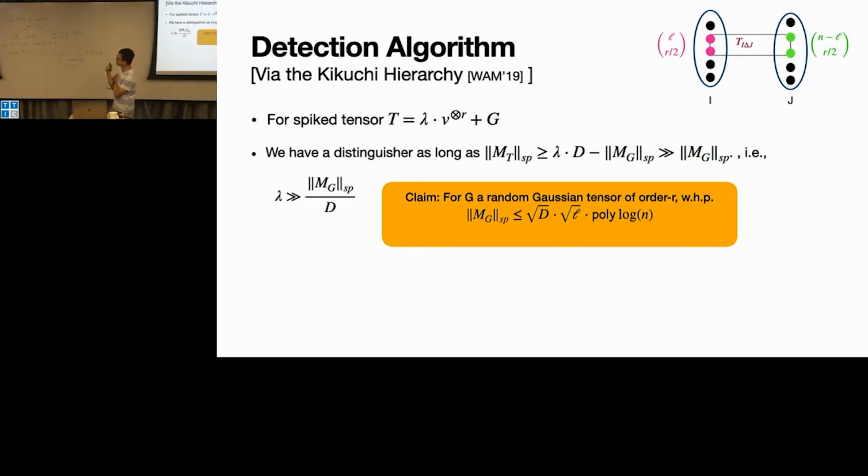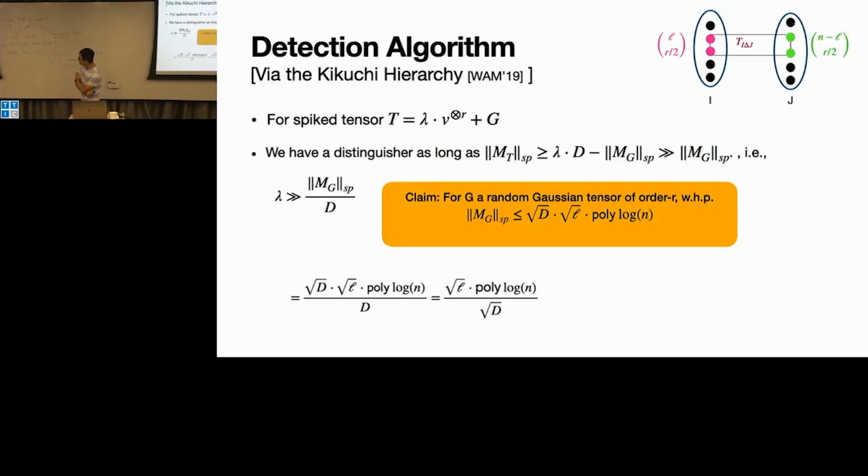And here's what we know from random matrix theory. If G is a random Gaussian, N(0,1), each entry IID, and you build a Kikuchi matrix out of it, it has spectral norm square root D times square root L times some polylog n factor.